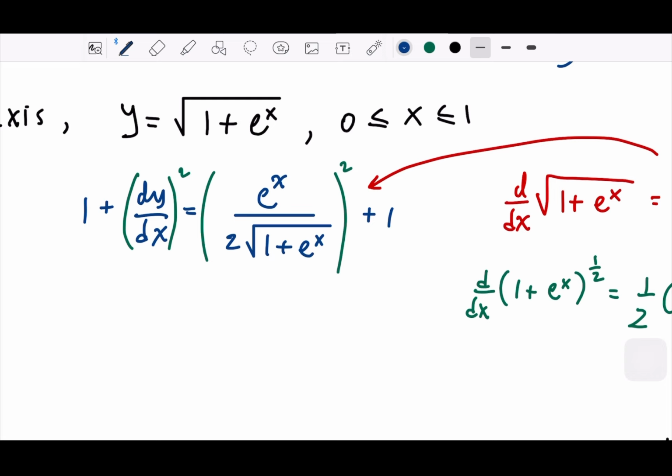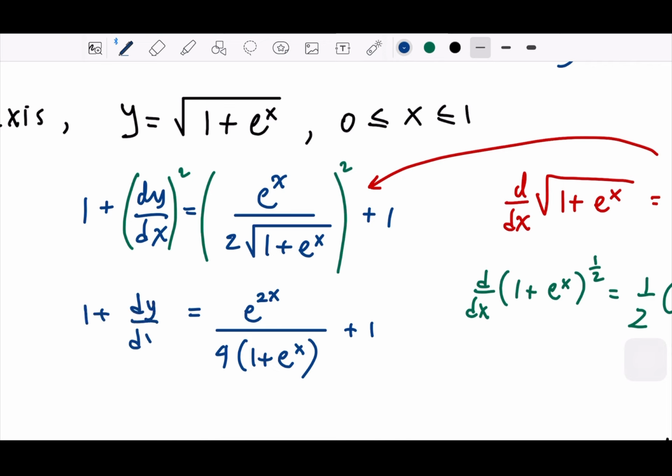So let's say we square this, so e to the x becomes e with power of 2x, like that, right? And then 2 with power of 2 is 4. The square root is cancelled, so we have 1 plus e to the x, and then plus 1. And we want to make the square root now.